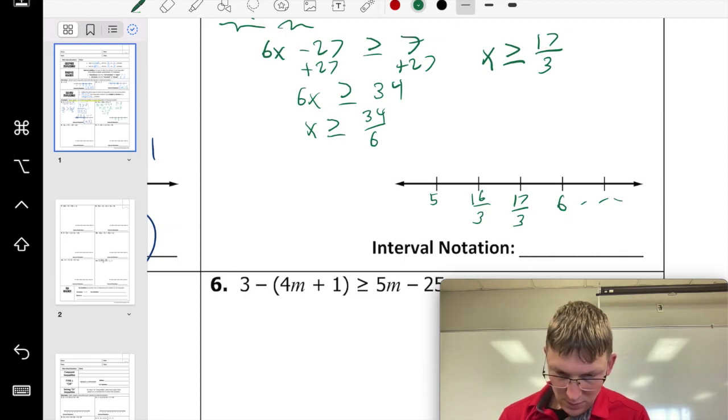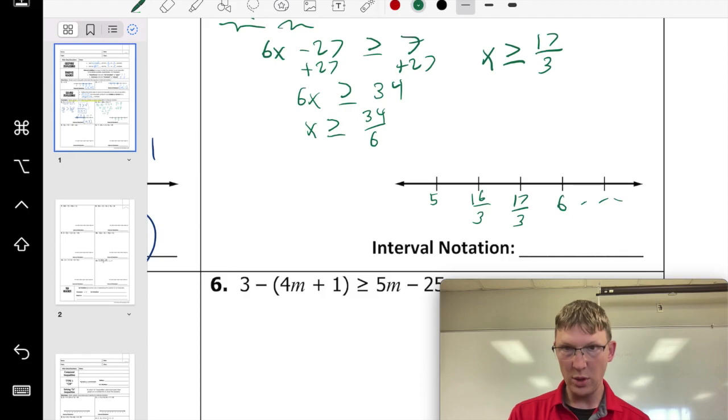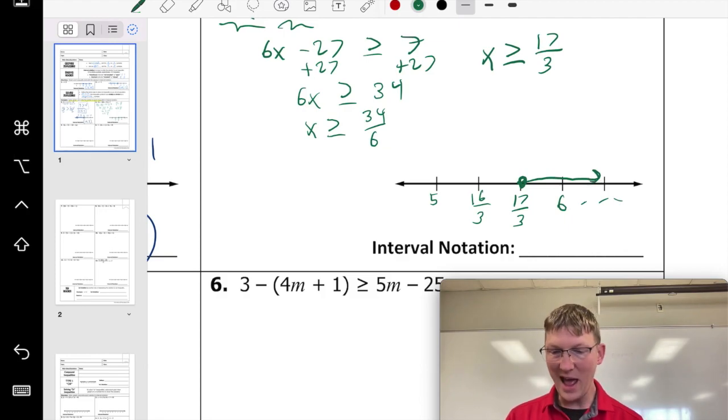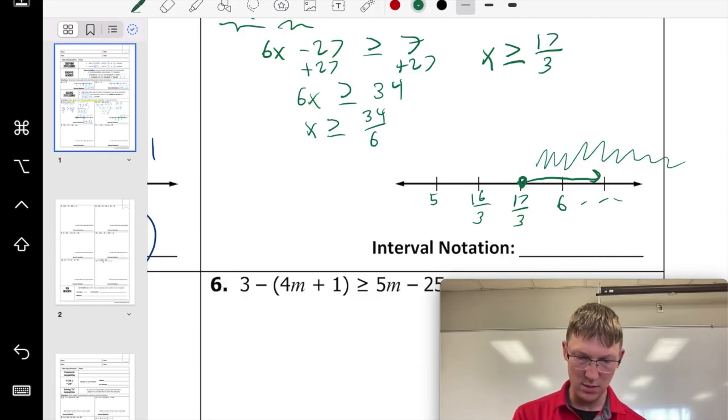So 17 over 3, it is a greater than or equal to, so we are going to use a filled in dot, and x is bigger than that number. So all of our solutions are up here on the number line.